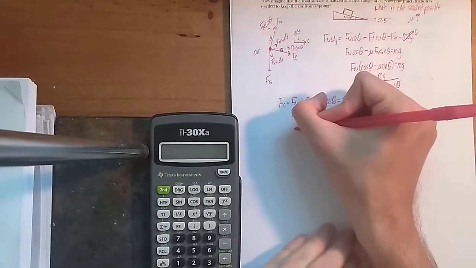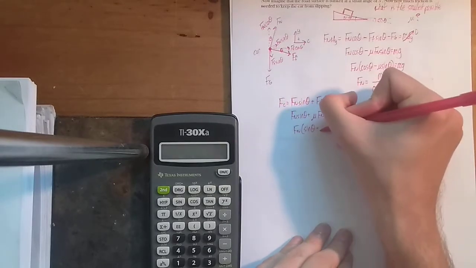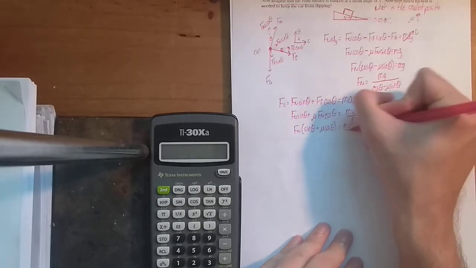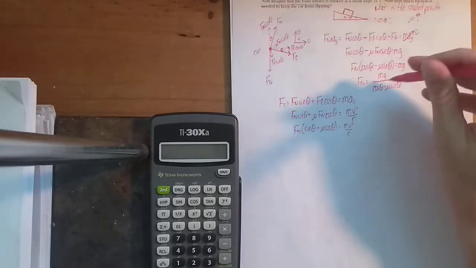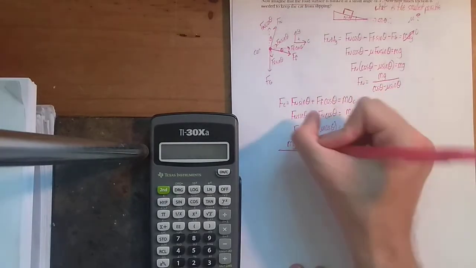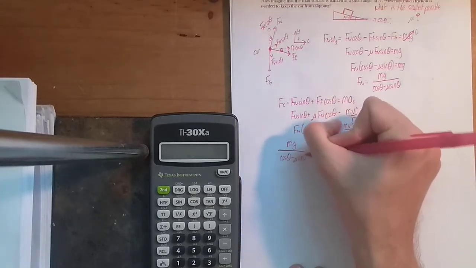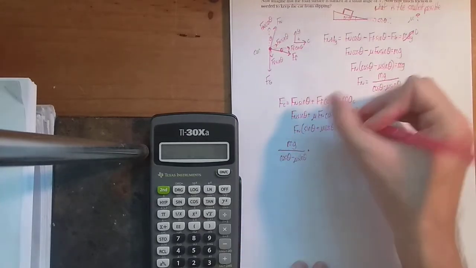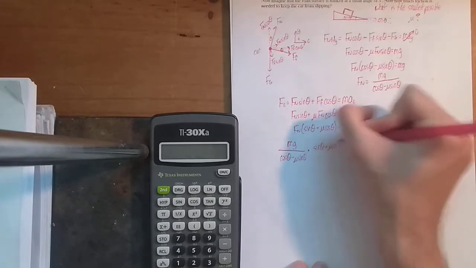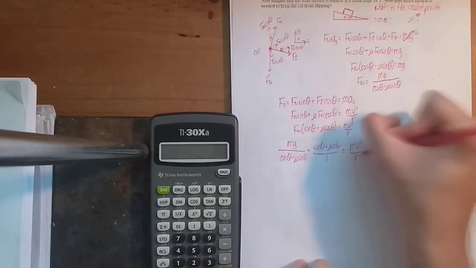Let's pull the Fn's out again, so we have Fn times sine theta plus mu cosine theta equals m v squared over r, and let's plug in our expression for Fn that we just found last time. We have mg over cosine theta minus mu sine theta, times sine theta plus mu cosine theta, equals m v squared over r.